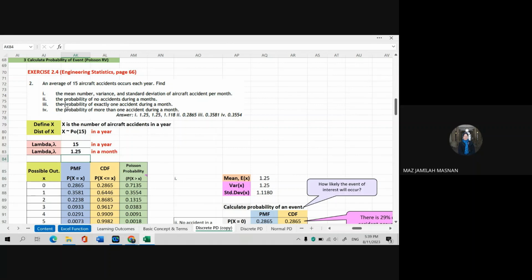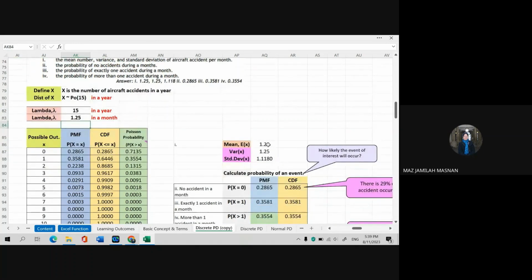So the first question is to find the mean, variance, and standard deviation. The mean is the lambda value from the month dimension, so it is 1.25. The variance is also the lambda value 1.25, and the standard deviation is the square root of the variance, which gives 1.1180.